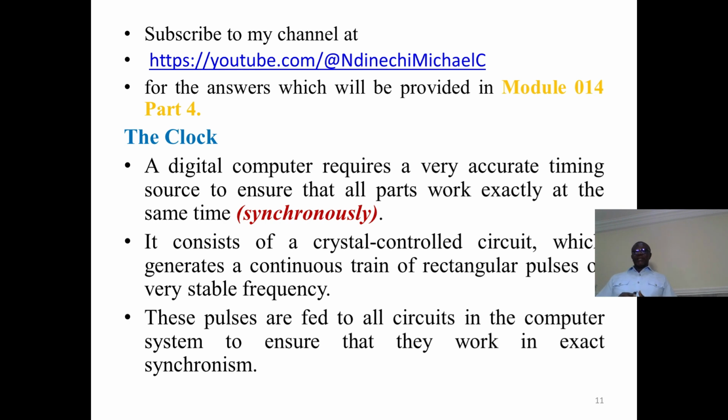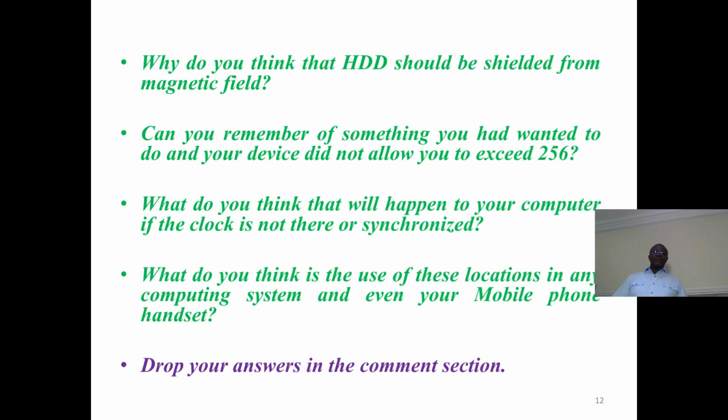As we get to our further lectures on computing, when we look at the Boolean algebra, the logic gates, and the sequential circuits, we'll be able to see exactly how the clock operates in the computer system.